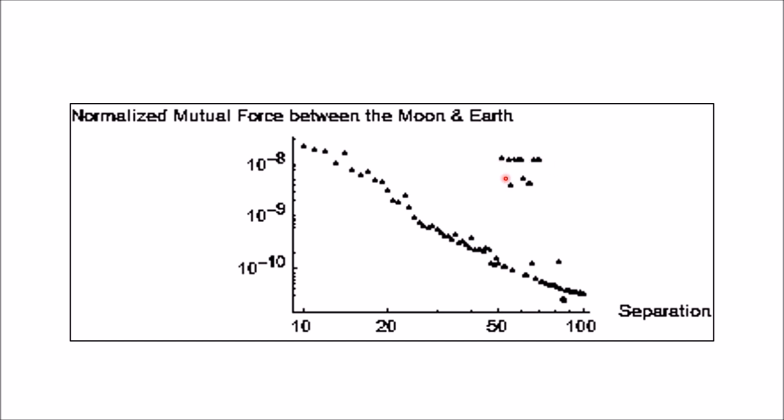This is either an anomaly of the calculating process, or this is something that may be real and idiosyncratic with respect to the relative ratio of size of the Earth to the Moon and the particular distance at this particular point.